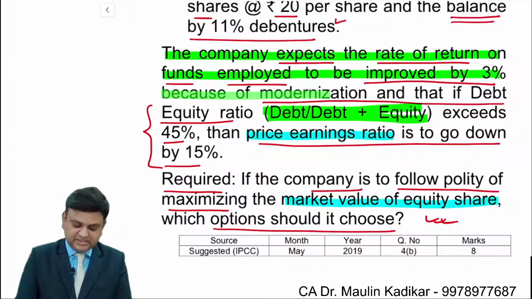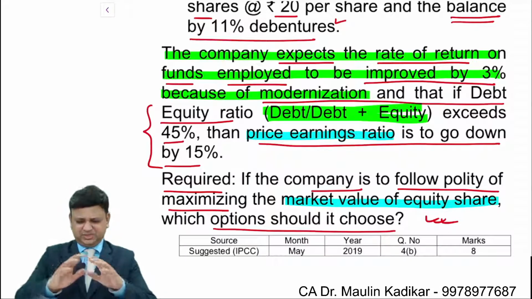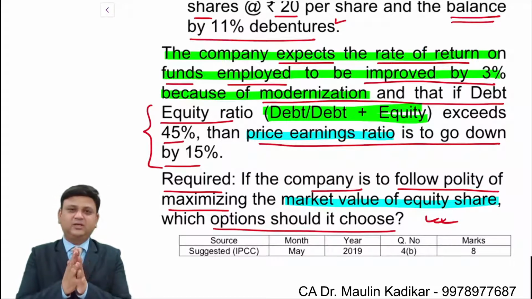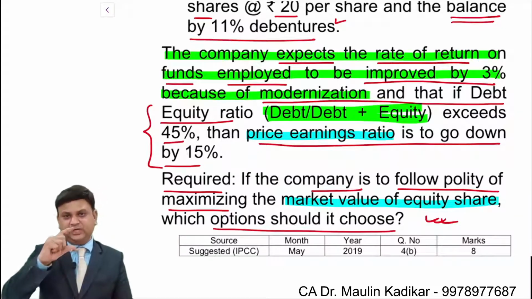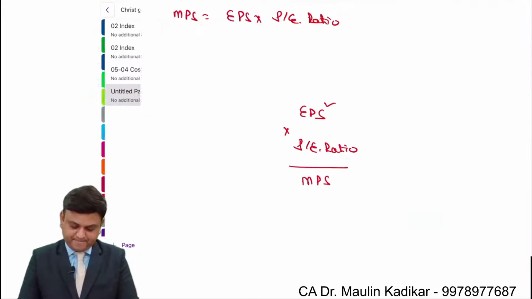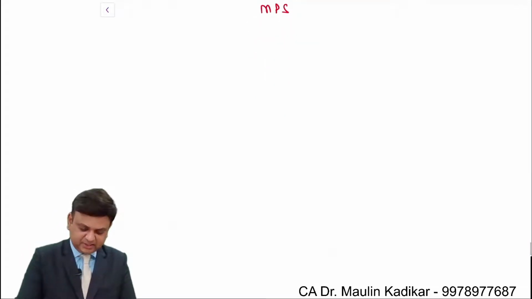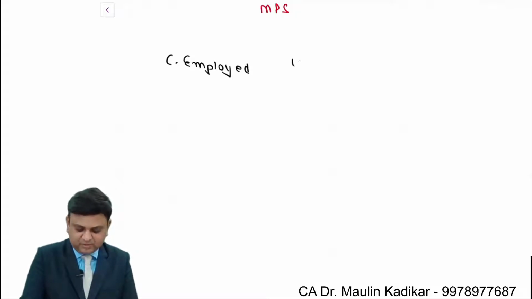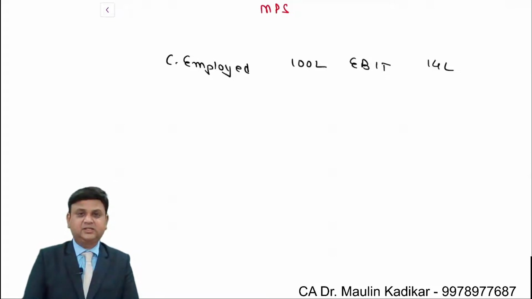So, just for time pass I am telling you, suppose the current rate of earning is 14%, for example. Let us assume the current capital employed is an amount of 100 lakhs and your operating income is 14 lakhs.